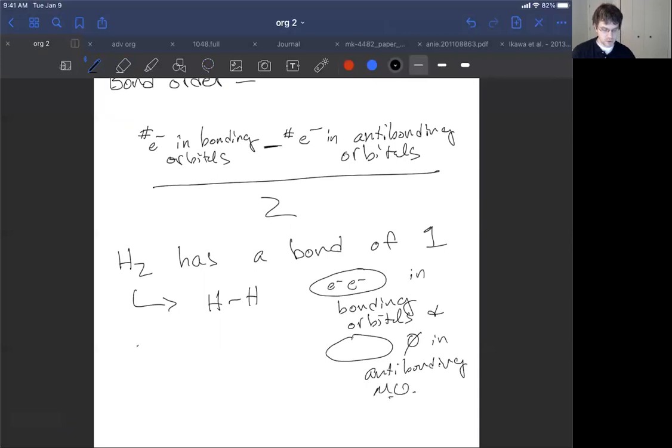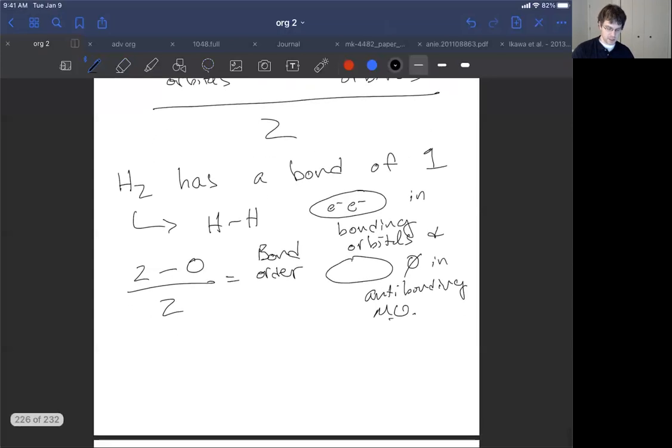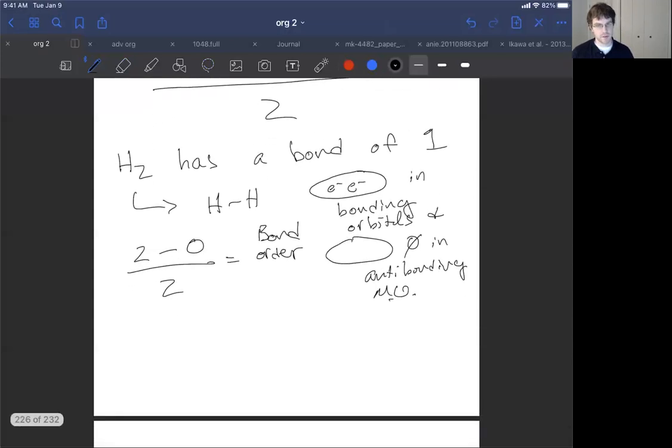Okay, so if we take 2 minus 0 divided by 2, that's equal to the bond order. Because it's the number of the electrons. It's not like the number of bonds or the number of orbitals. If it was the number of orbitals, it'd always equal 0, right? So we have 2 in the bonding minus 0 in the anti-bonding divided by 2. That gives us 2 divided by 2, which is 1.